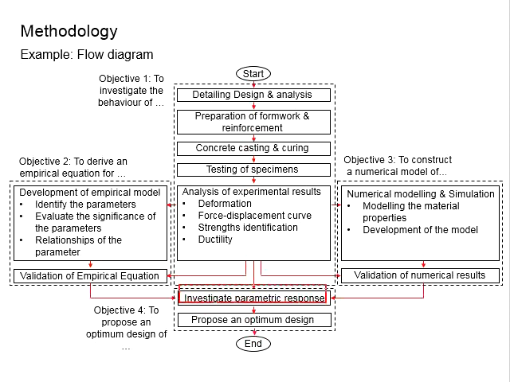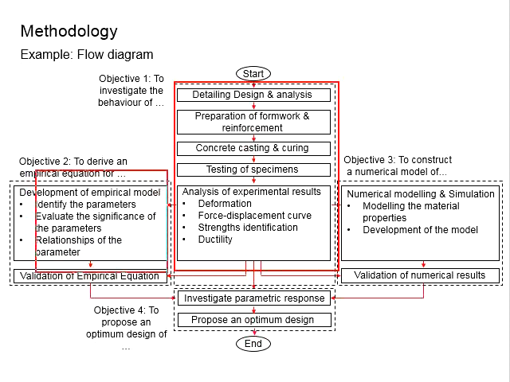Based on the understanding that you have acquired, you are able to propose an optimum design. And this can help you to attain your objective 4, to propose an optimum design of something. What you see here, every single objective here is significant. They contribute a portion of the study program throughout your research.